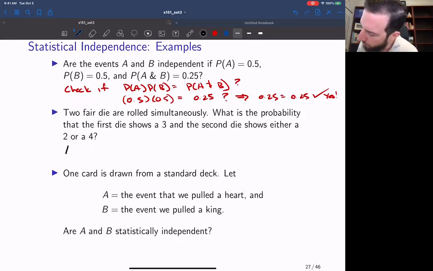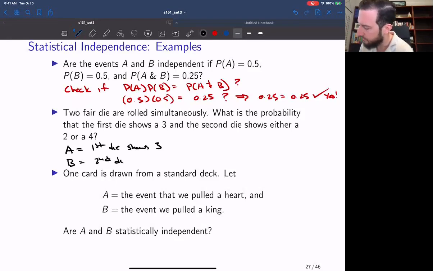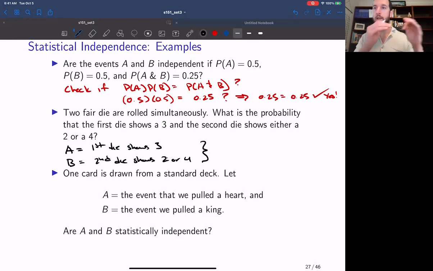If we say A is the first die shows 3, and B is the second die shows 2 or 4. Since we are defining event A to be from die 1 and event B to be from die 2, we now know that we are working with independent events.